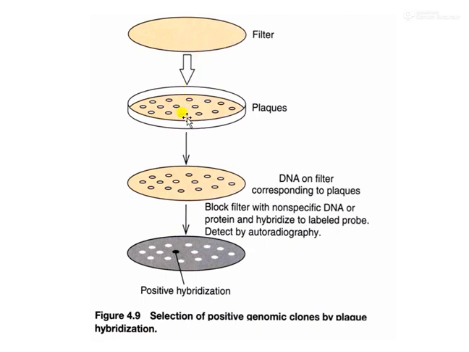Then all the non-specific DNA and protein are removed by certain steps, and you hybridize it with a labeled probe and detect it by autoradiography. Where the specific DNA is present, you will see a black marking, indicating that in all the different clones, it is at this particular region that the specific DNA is present. So I guess you got an idea about phages, how they work as vectors and how recombinants can be determined. Thank you for now.